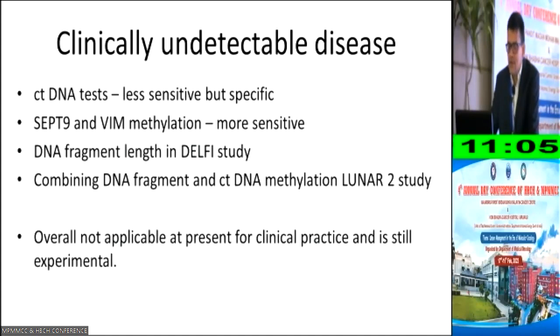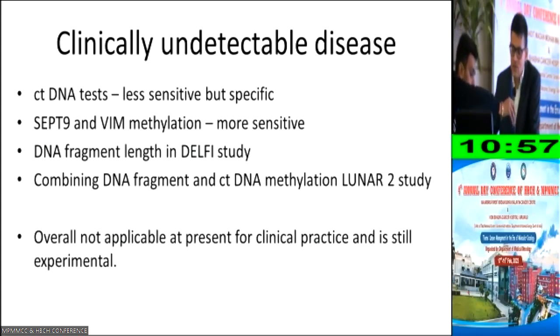If you take the methylation, the SEPT9 and VIM methylation, the sensitivity increases and specificity is already high, so those are more promising than some of the other tests. Then the DNA fragment length was measured in one of the studies called the DELFI study. Then combining the DNA fragment length and ctDNA methylation was done in the LUNAR-2 study.